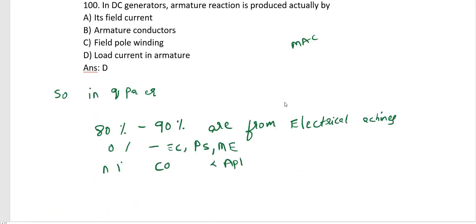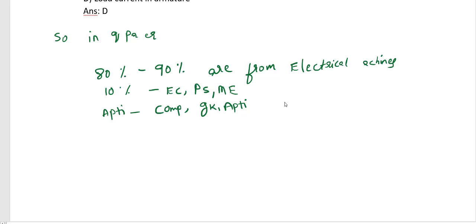As I mentioned, 80 to 90% are from electrical machines, and some questions are from electronic circuits, electrical circuits, power system, measurements, analog electronics. Two questions are from digital electronics also. So overall this question paper was easy.